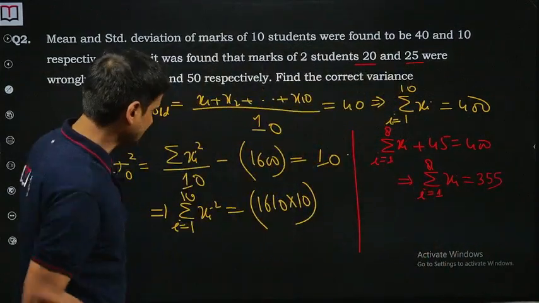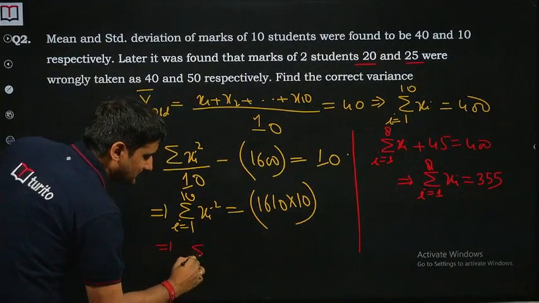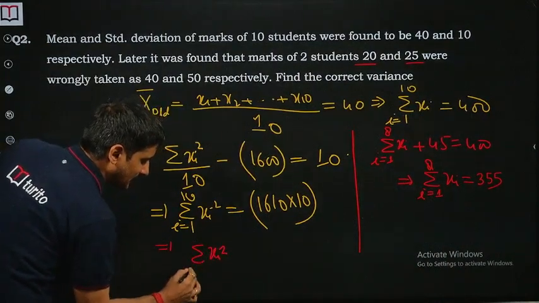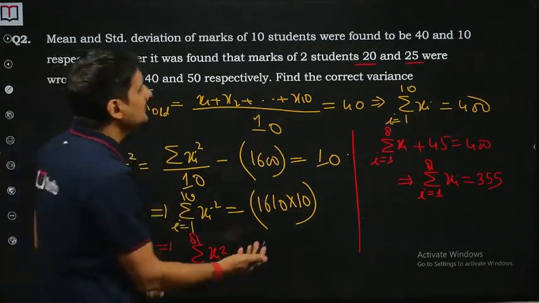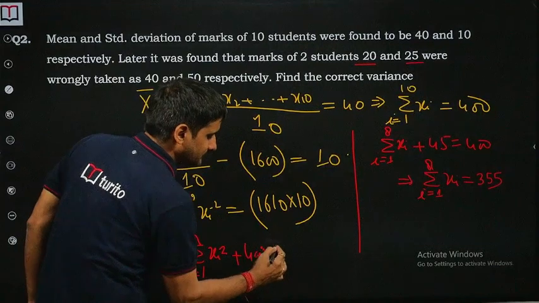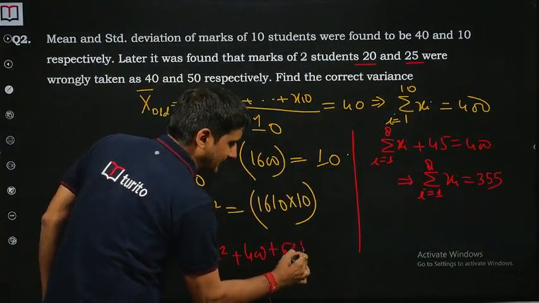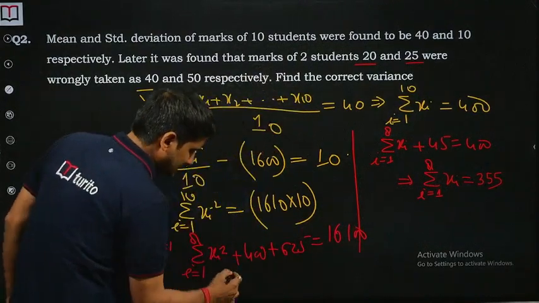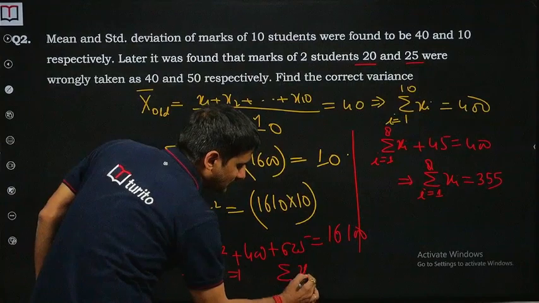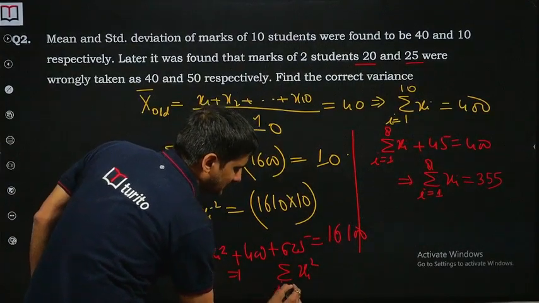Similarly, we will get summation xi square when i goes from 1 to 8, and subtract x9 square, which is 400, plus 25 square, 625, from the total. From here we will get the sum of squares of all these marks, bachcho.